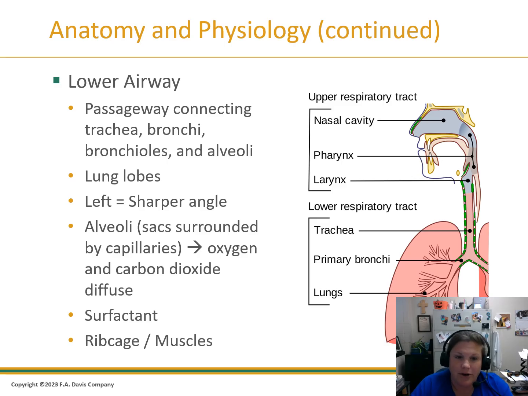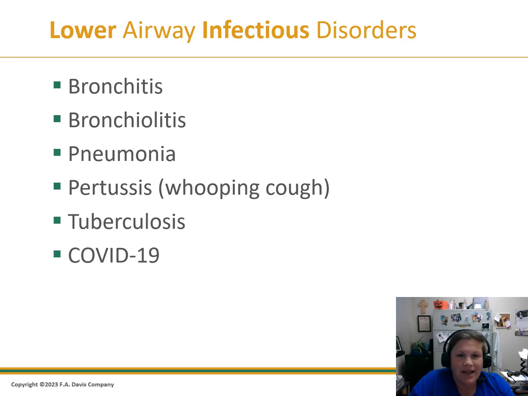We did talk about there being 2 lobes in the left lung, 3 in the right, and that the left has a sharper angle. And that is all I'm going to recap on that, since the slide advanced. And if you recall, I cannot go backwards when I am voice recording, and the slide does that.